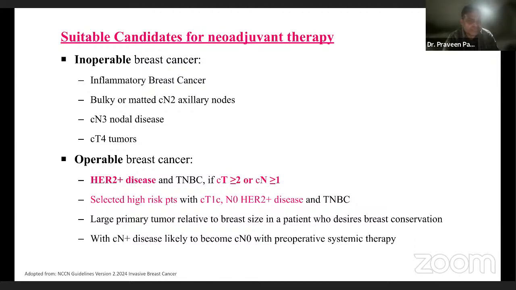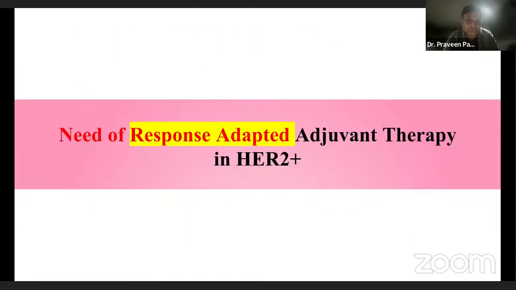Or some selected TNBC, like more than T1c, should also get it. Sometimes surgery is possible, but with a large primary tumor where the lady desires breast conservation, neoadjuvant therapy can be offered to decrease the size of the tumor. Or clinically node positive disease, where we want to make them node negative so that sometimes we can avoid surgery. In that setting, neoadjuvant therapy should be offered to the patient.